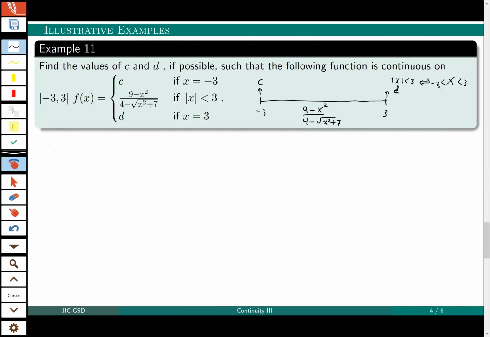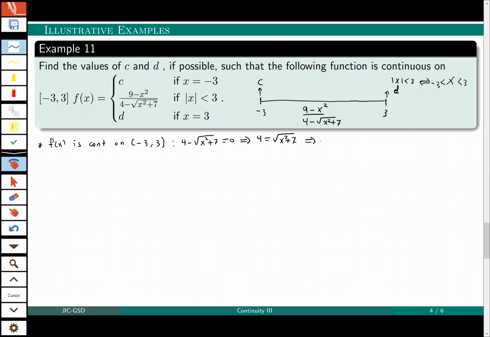So our first condition says f of x is continuous inside the interval minus 3 to 3. The reason is that it will not be continuous when the denominator is 0, and when the denominator is 0, that is not inside the interval. If the denominator is 0, then 4 equals the square root of x squared plus 7.